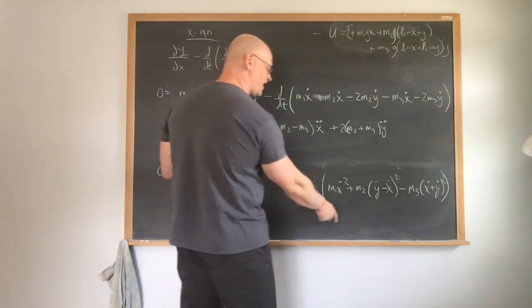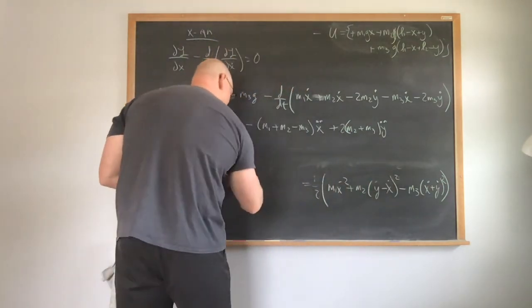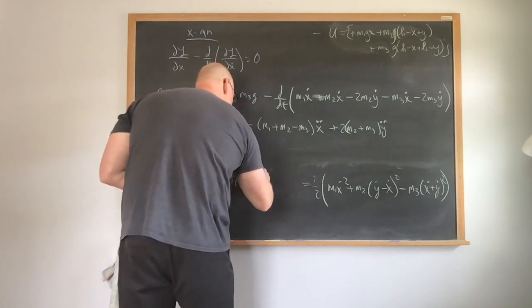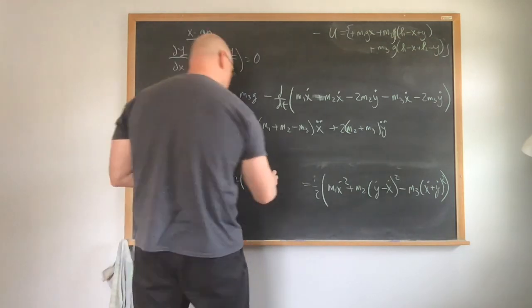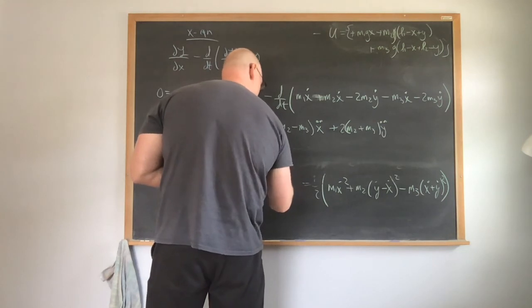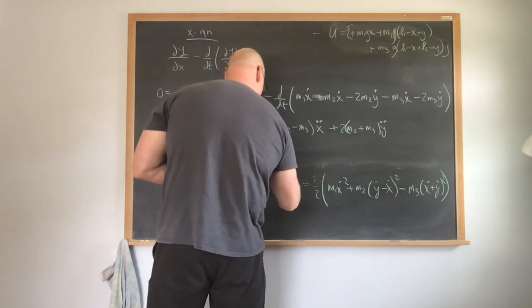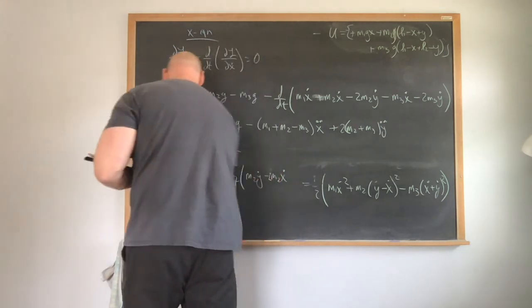So this term goes away. This term I don't have, so this is going to give me an m2y dot. But now I have the cross term, so it's going to give me a minus m2 times 2 times x dot. That comes from that term.